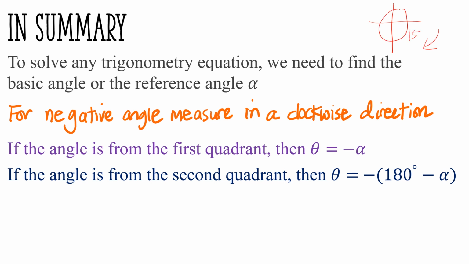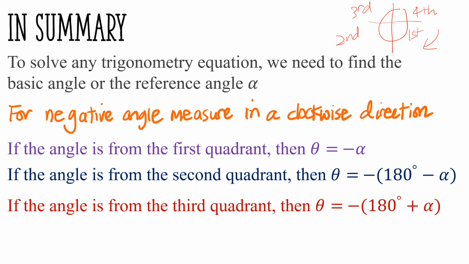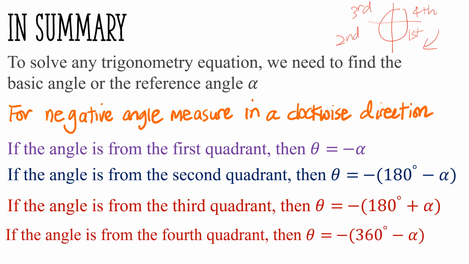This will be your first, second, third, fourth quadrant. For an angle from the second quadrant, it will be negative bracket 180 minus alpha. From the third quadrant, it will be negative 180 plus alpha. For the fourth, it will be negative bracket 360 minus alpha.